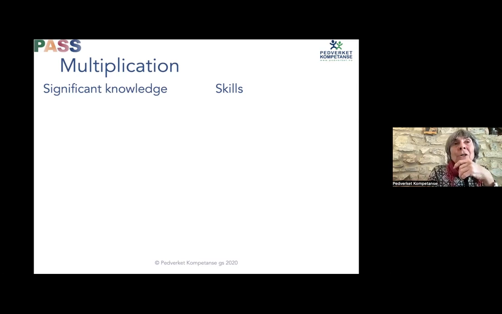And on the other hand, some skills that are related to multiplication. And to be able to present the necessary building blocks, and not literally with these materials, but the mental building blocks for the knowledge that the children are supposed to acquire, we need to think through these things.